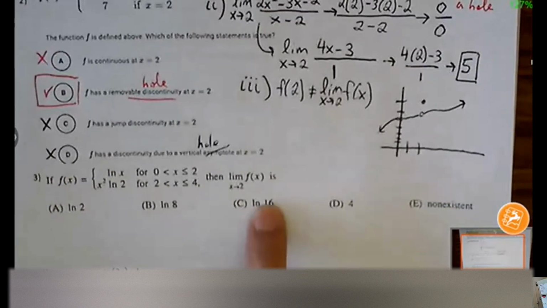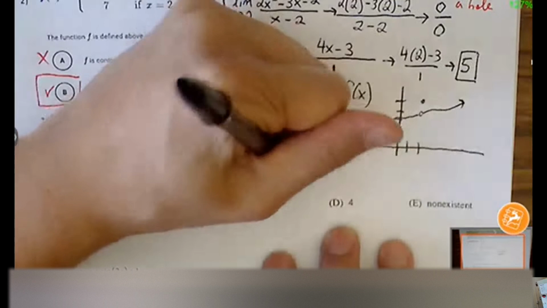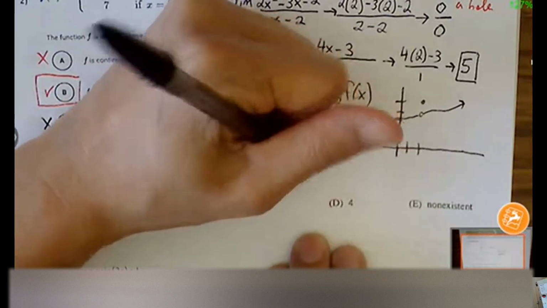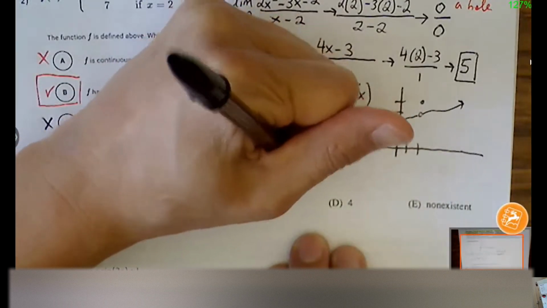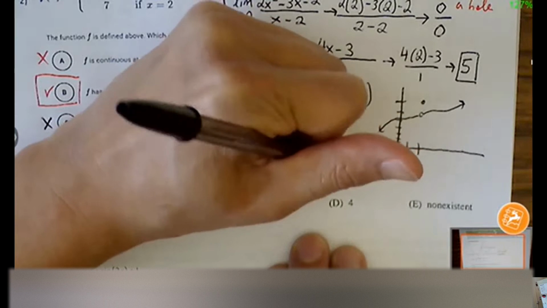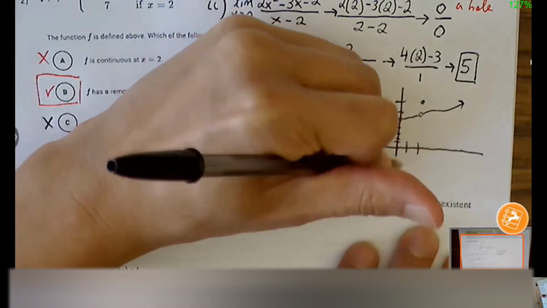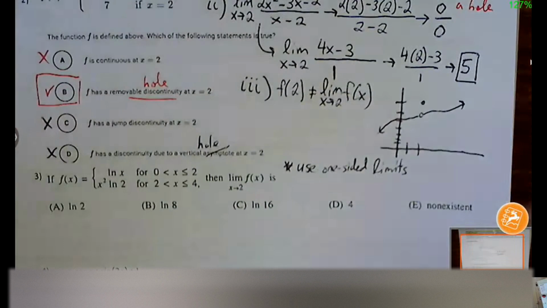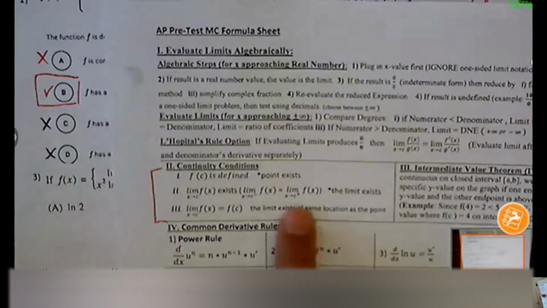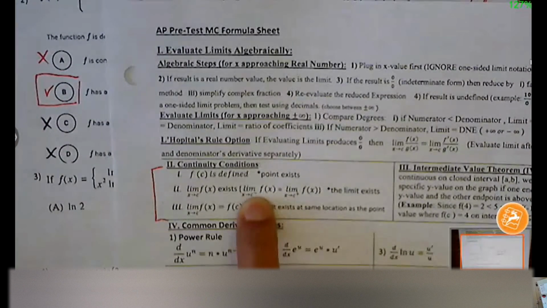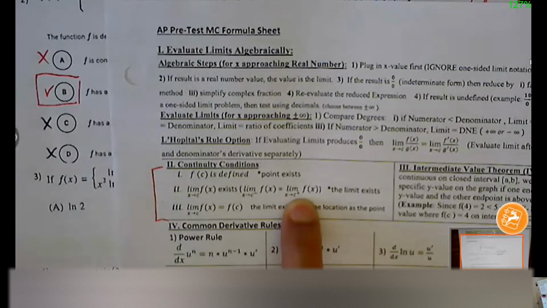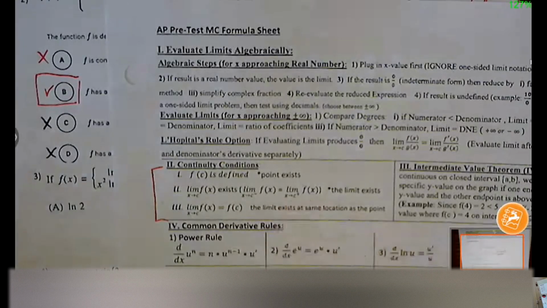And it's asking for a limit as x approaches 2, so we're going to use one-sided limits. So we'll do limit as x approaches 2 from the left side of 2, and we'll also do limit as x approaches 2 from the right side of 2.